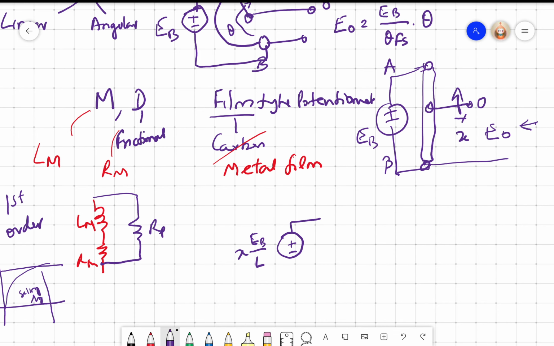So if I look at the Thevenin equivalent circuit, I get an open circuit voltage would be X into EB by L, and the Thevenin resistance would be X into RP into 1 minus X into RP divided by X RP plus 1 minus X RP, totally RP, right? So this I can put it as denominator is RP.